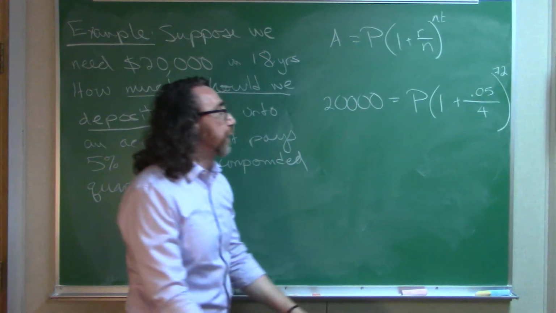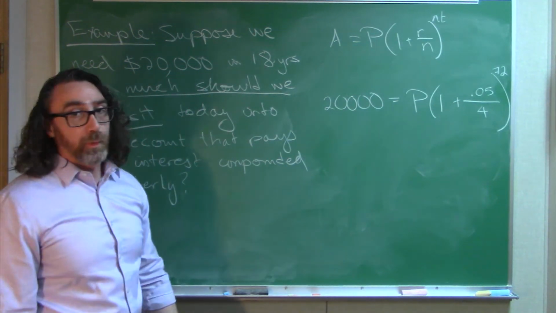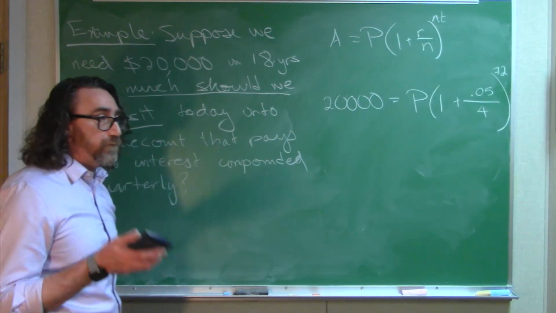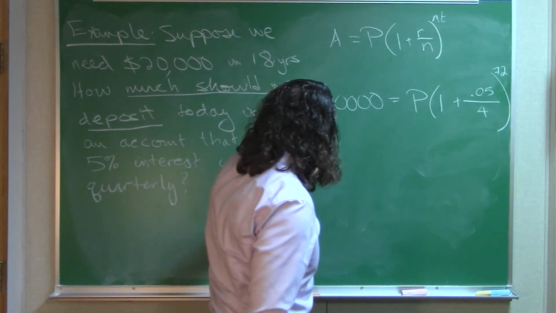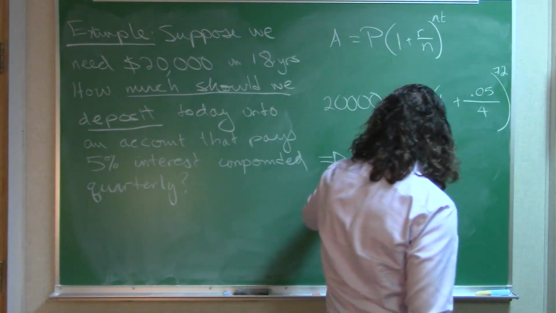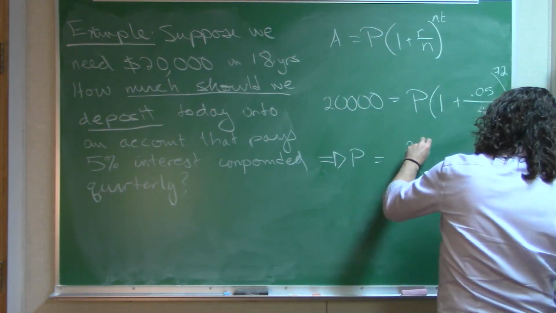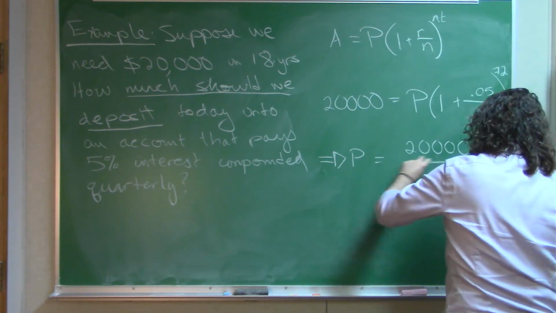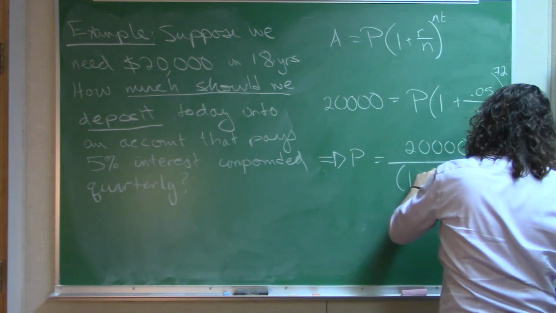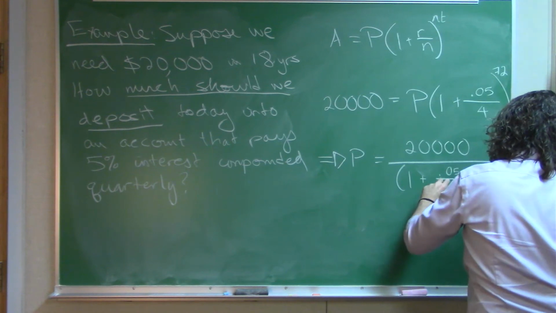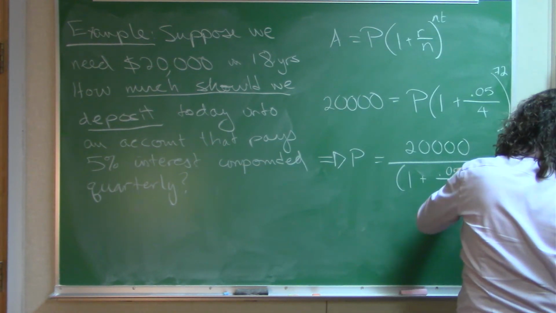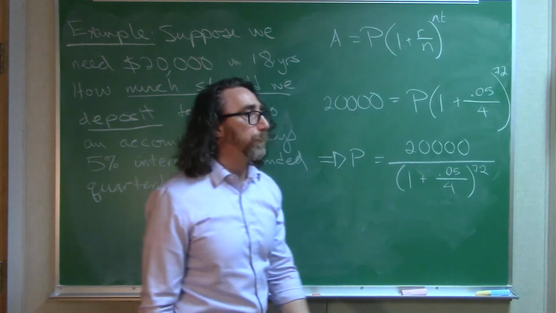Okay? So what we're going to do is we're going to solve for P. If this equation is true, then it's got to be the case that P equals 20,000 divided by this quantity. Okay?